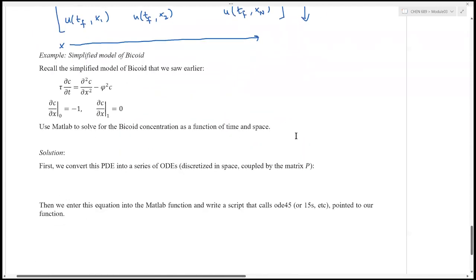Okay, so we're going to look at this simplified model of Bicoid that we looked at earlier, where we were assuming steady state. We're not going to do that anymore, obviously, because we're going to treat this as a differential equation in time. Before there was a 0 here, and when we non-dimensionalized it, there would be no coefficient in front of the second derivative, and the coefficient in front of c was this Thiele modulus.